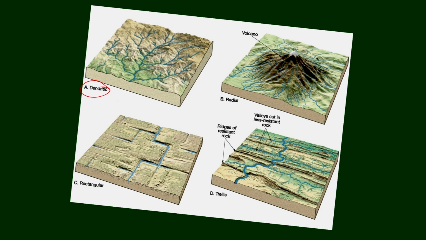Then you have rectangular trellis, where we have the main stream and tributaries following the softer rocks mainly, while these are the resistive rocks. So these are the harder rocks, but these are softer rocks. Mostly you will find that the valleys are cut and they join the trunk stream at right angles. And if you have radial, then you have either a volcanic cone or a domal portion.